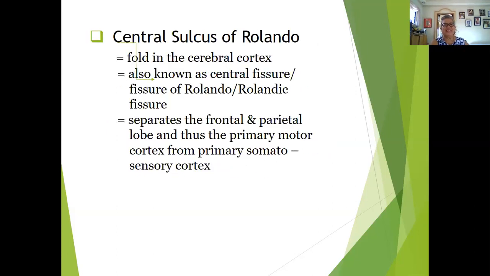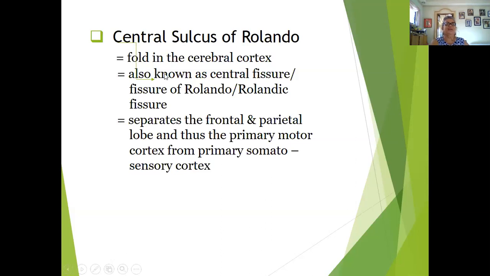Okay, we have the next typical fissure, the central sulcus of Rolando. This is very understandable. You should know and recognize this sulcus because this is a favorite structure that Dr. Gasco will put a pin on.